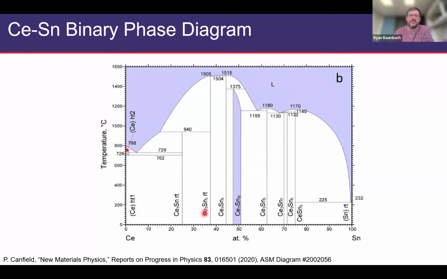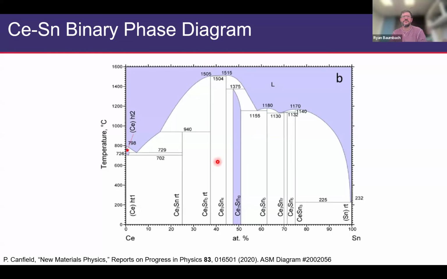For example, this cerium 5-tin-3 melts at temperatures way larger than cerium or tin, but nonetheless produces this phase. So if we wanted to make cerium 5-tin-3, all we would really need to do is heat this combination up above 1500 degrees C and then let it cool back down.